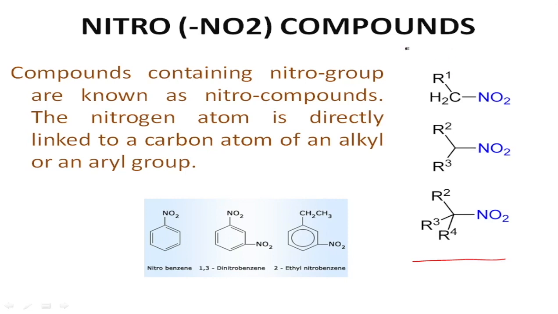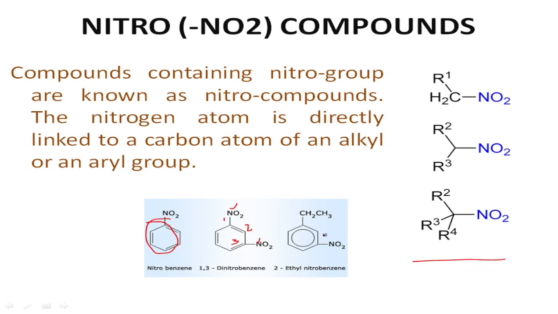Group attachments in the benzene ring. This is a benzene ring attached to a nitro group, nitrobenzene. So two groups are here, positions 1, 2, 3. At position 1 and position 3 there are nitro groups, so we have 1,3 dinitrobenzene.